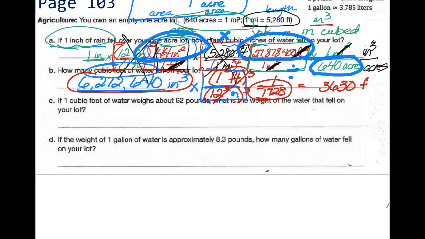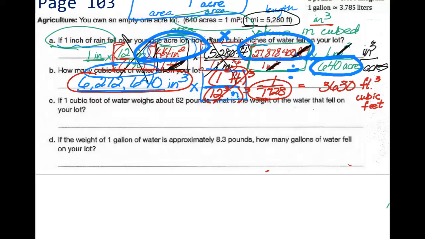So this would be feet to the third power, or cubic feet. Anybody else get that answer? Anybody else try it? Let me check my cheat sheet here. Yes, 3,630. That's good.